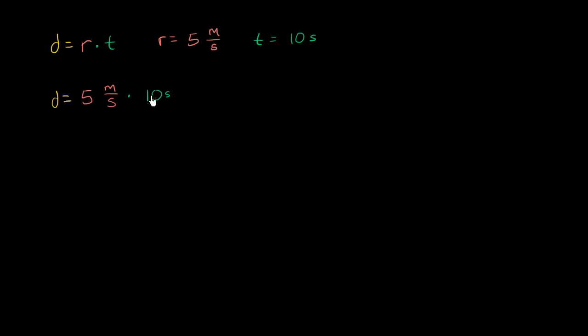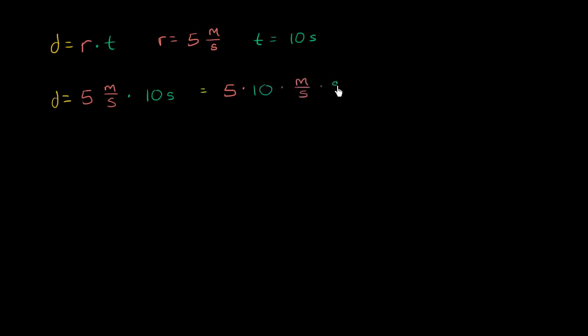And what's neat here is we can treat the units, as I just said, like algebraic constructs, kind of like variables. So this would be equal to, well, multiplication doesn't matter what order we multiply in, so we can change the order. This is the same thing as 5 times 10, times meters per second, times seconds.